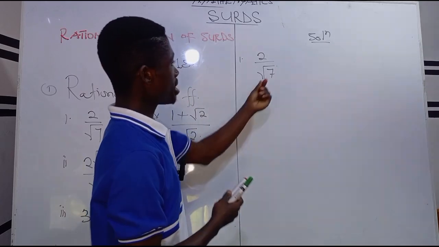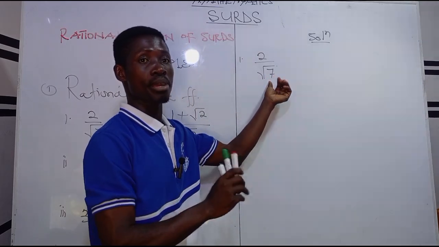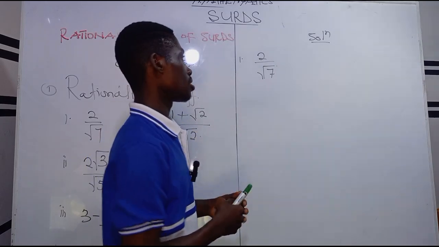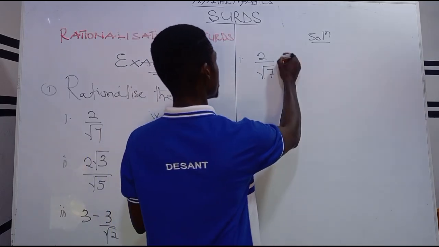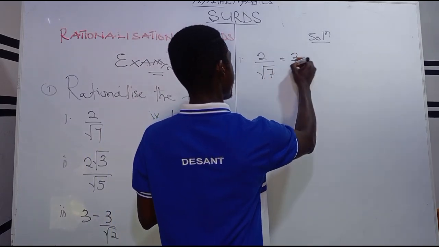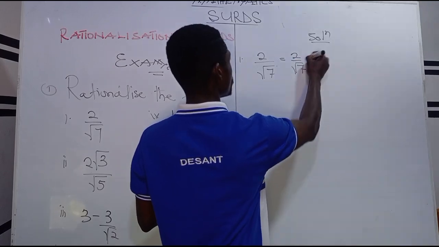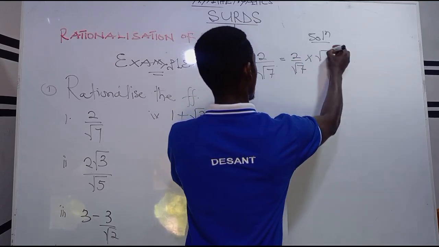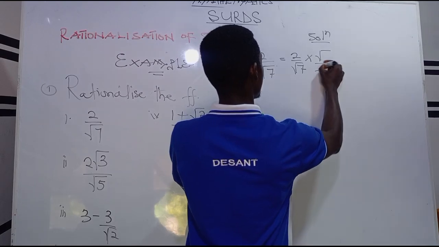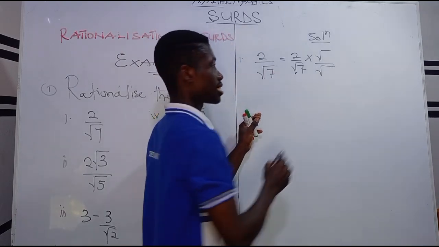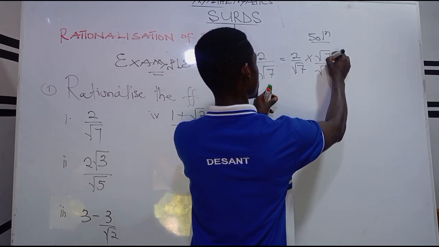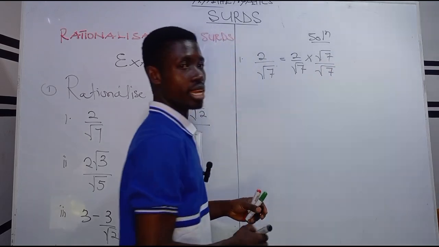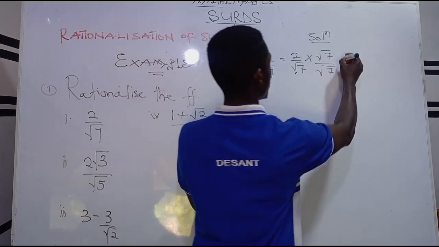Our intention is to make the denominator, which is a set, become a whole number. Is that clear? Good. So in doing so, we are going to multiply the top and down by the denominator of the fraction. So the denominator is what? Root of 7. And then after that, we simplify.